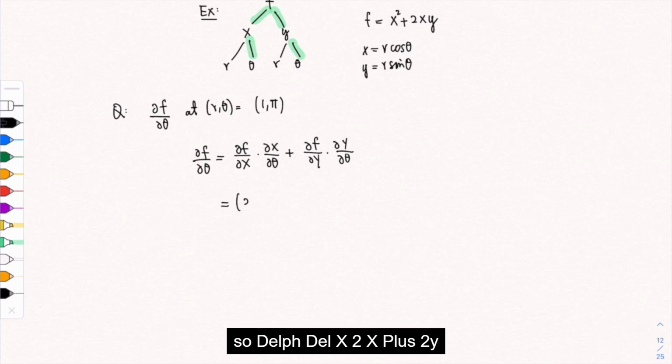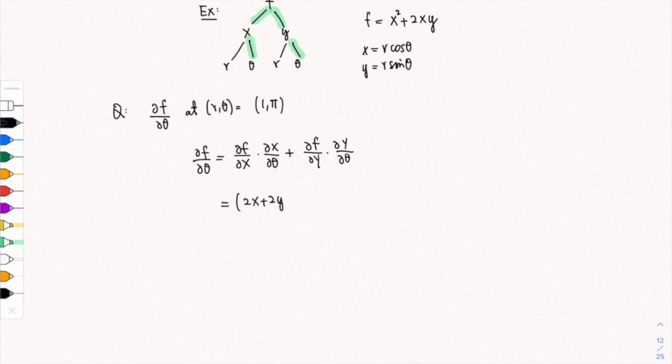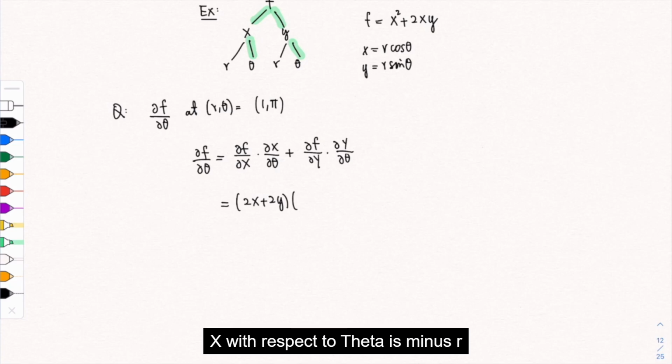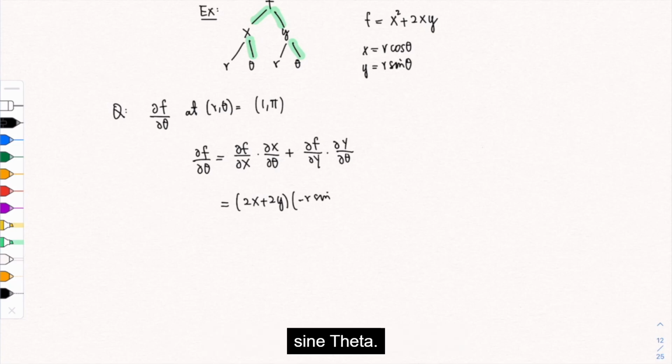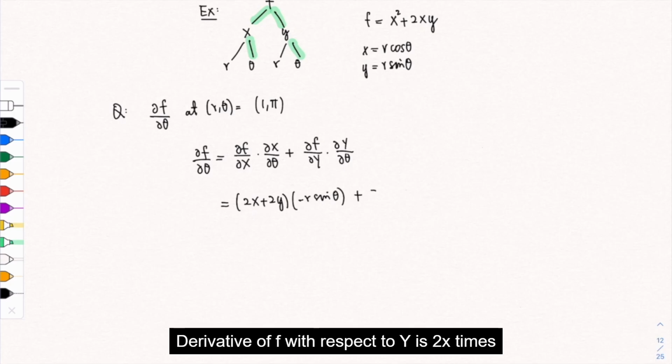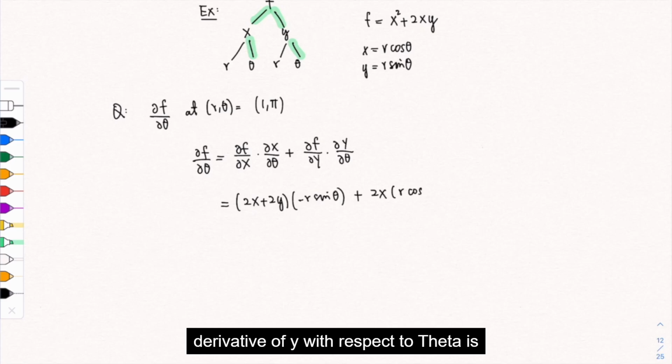So del f del x is 2x plus 2y. X with respect to theta is minus r sine theta. Derivative of f with respect to y is 2x, times derivative of y with respect to theta, which is r cos theta.